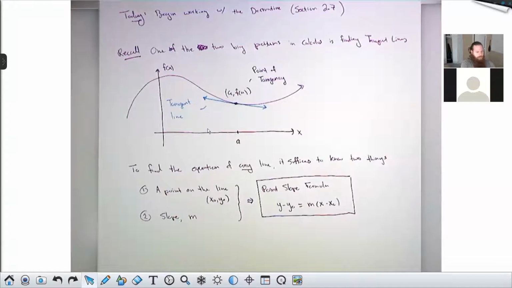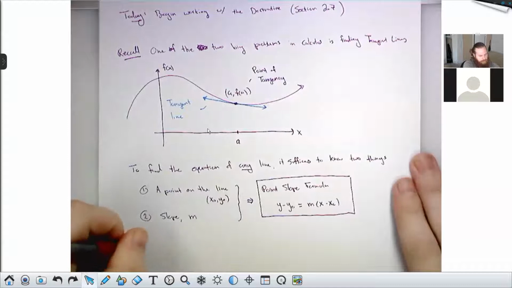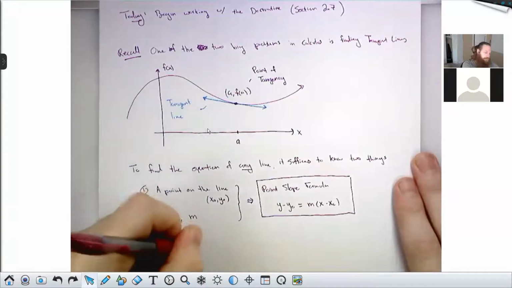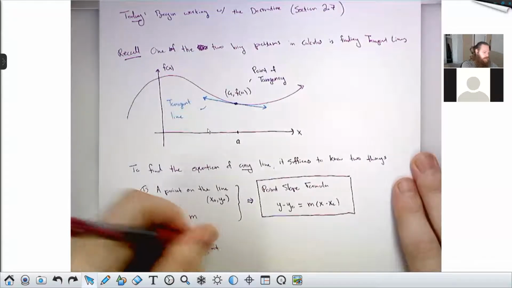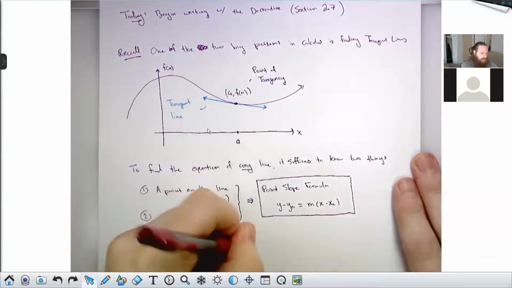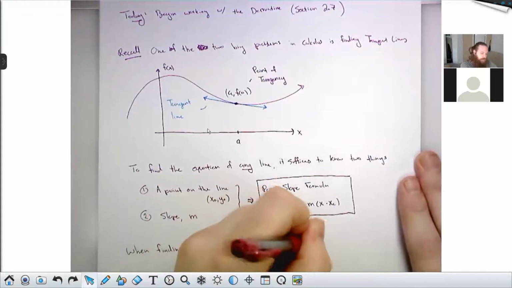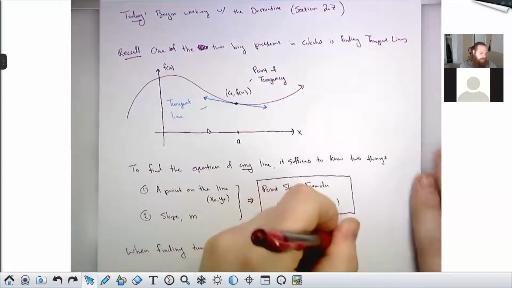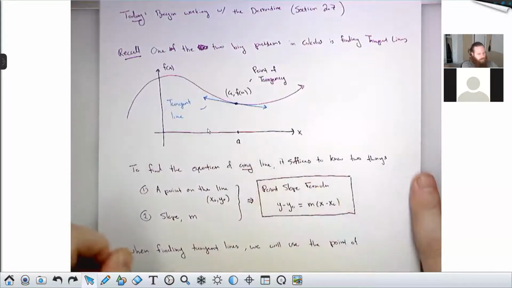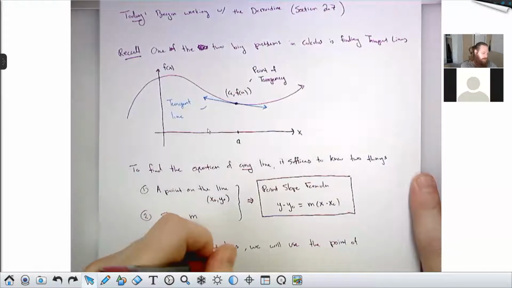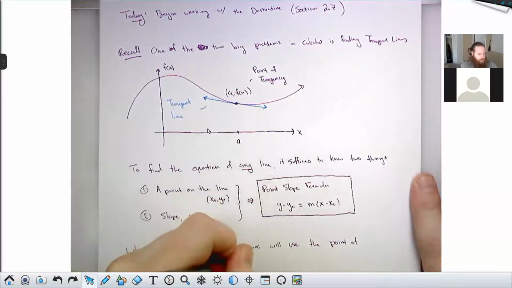So when finding tangent lines, we will use the point of tangency for our point. But what about the slope?